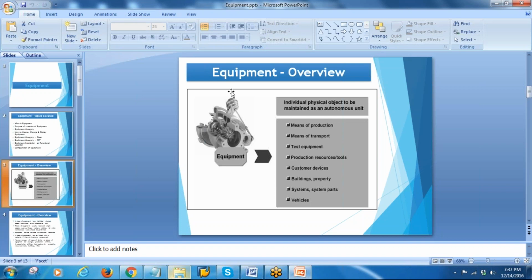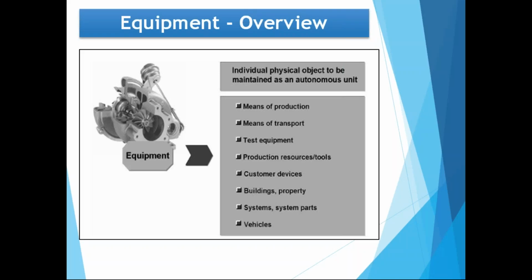Okay, so basically what is an equipment? Equipment is an individual physical object which is to be maintained as an autonomous unit. So it is an individual one. Equipment can be a production equipment, a transport fleet equipment, or test equipment which is used in the quality department.